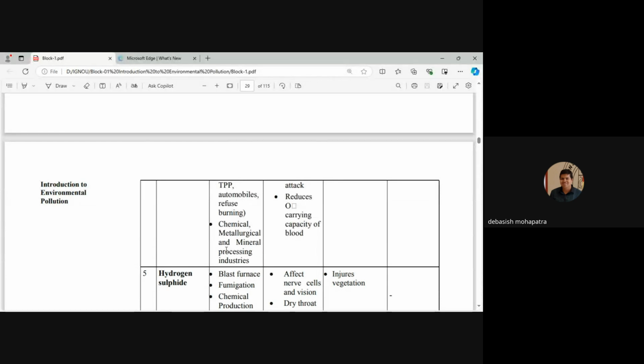So when it comes in contact with carbon monoxide, it forms a stable product called carbaminohemoglobin, due to which it will not carry oxygen anymore. If you remain in that condition for a long period, you will die of suffocation. Oxygen will be there, but your body will not accept it because of the presence of carbon monoxide.